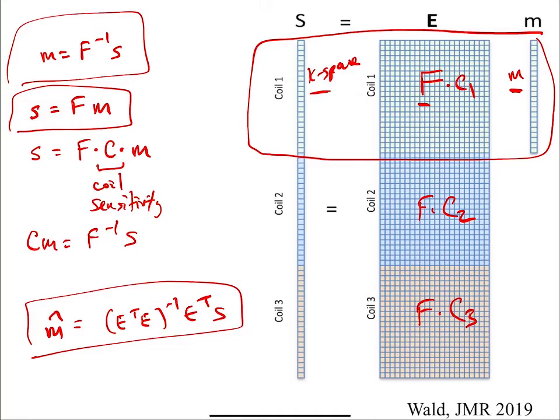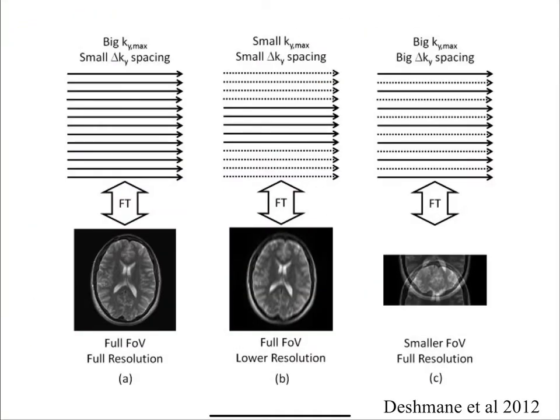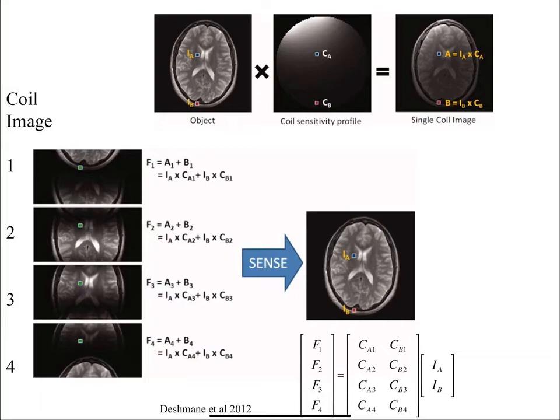There are two main approaches to that. The basic idea is, what we've told you so far is, if you skip lines in k-space, you're going to get aliasing, and that's still the case. If I skip lines in k-space, every coil is going to have an aliased image. That's shown here: I have 4 coils looking at my object, and each of them has some aliasing in it.